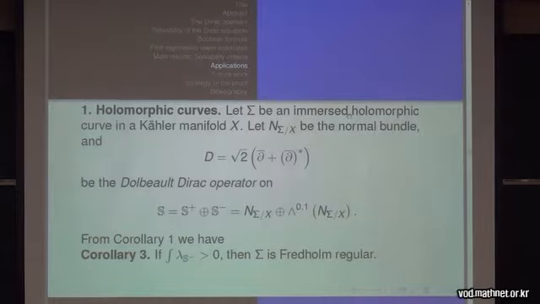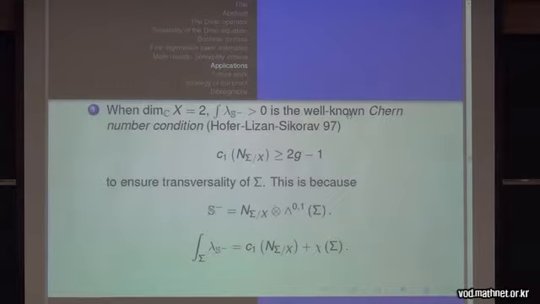And we compare with some known results. The first is Hofer's result. It says that if we look at the holomorphic curve in a four-dimensional symplectic manifold, then Hofer's result says if the Chern number of the normal bundle is bounded below by 2g minus 1, g is the genus of the curve, then this curve is Fredholm regular.